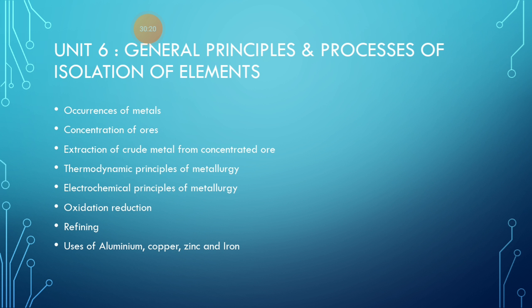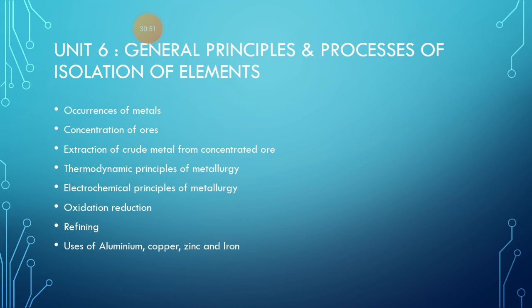Then in the next point we are going to learn about extraction of metal from the concentrated ore. Here we are going to learn about the extraction of iron, copper, and zinc, these three metals, with the blast furnace, roasting, and these things.